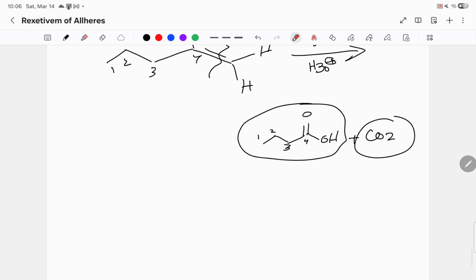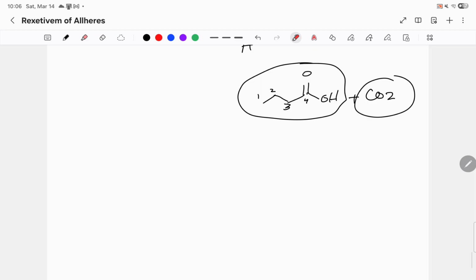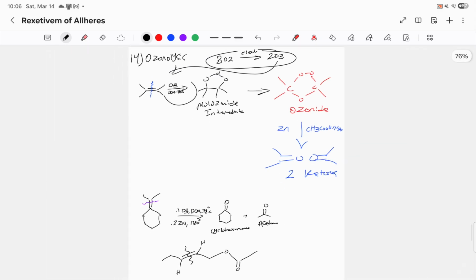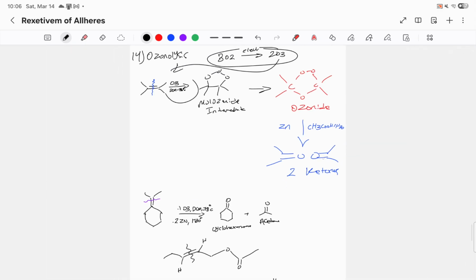Now, how might this differ? Again, remember, we can get either a ketone, a carboxylic acid, or a CO2. We can never get an aldehyde from an acidic permanganate reaction, but we can get a ketone, a carboxylic acid, or a CO2. Whereas comparing it to ozonolysis, in ozonolysis I can either get a ketone or an aldehyde.